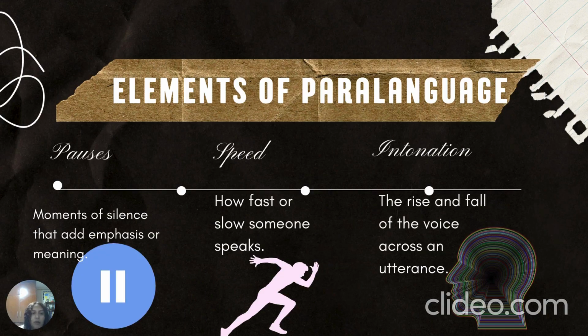Also, we have the pauses, which help to create emphasis or show hesitation. Also, the speed shows whether someone is calm, stressed, or excited. And finally, we have the intonation, the rise and fall of the voice, which helps to express attitudes and emphasis.